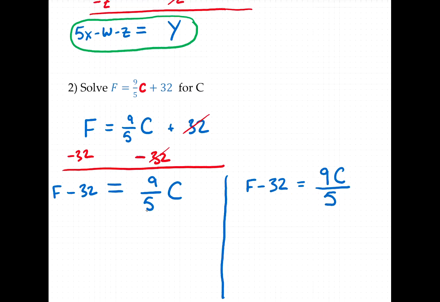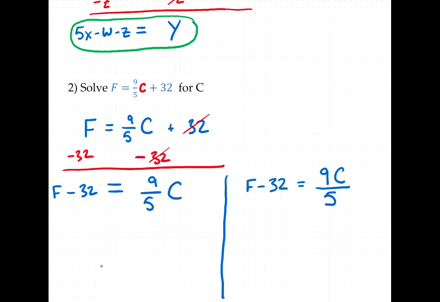So when you have a fraction multiplied by that variable c, the c is multiplying by the top, because 9 over 5 times c is the same as 9 over 5 times c over 1. So we have 9 times c on the top, and we have 5 times 1 on the bottom. Okay, so that's what's going on here on the right-hand side.